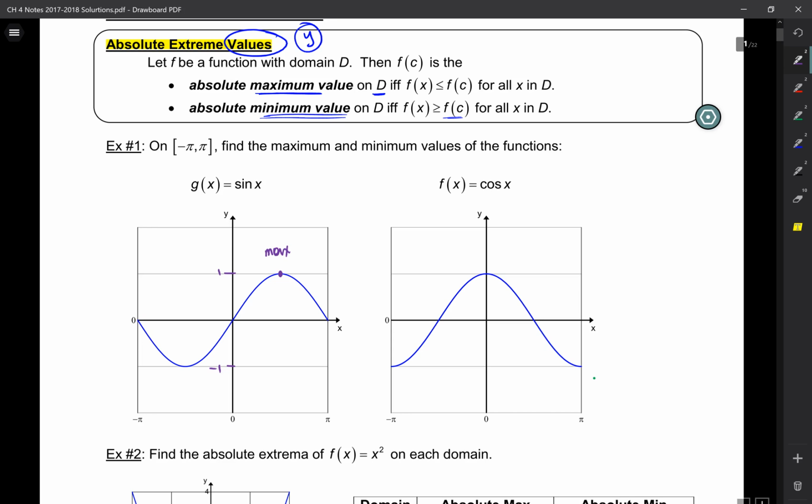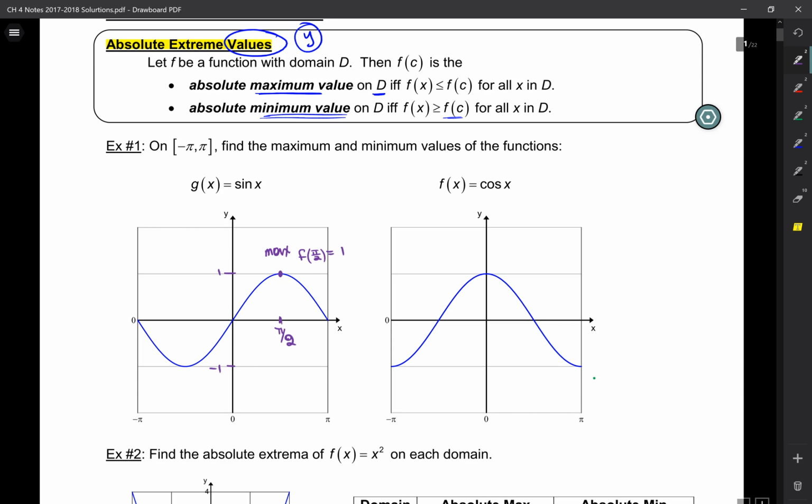It's all about the notation now. f of something. What's the x value there? Pi over 2. If it's pi from the middle to the end, then this is pi over 2. So f of pi over 2 is equal to 1.